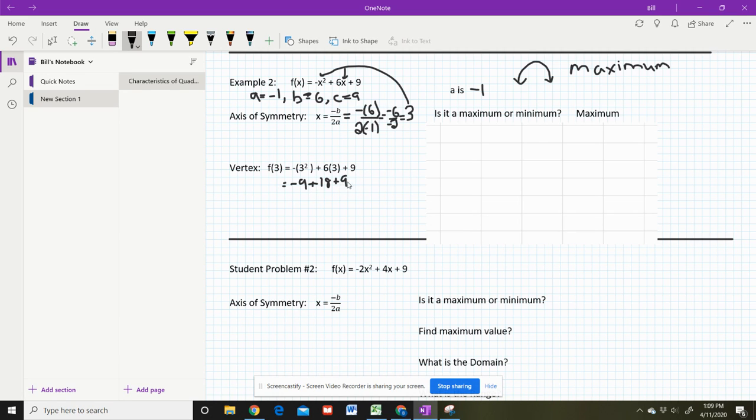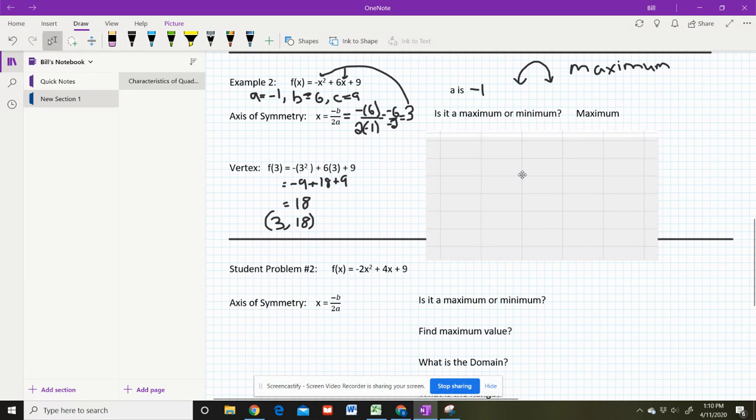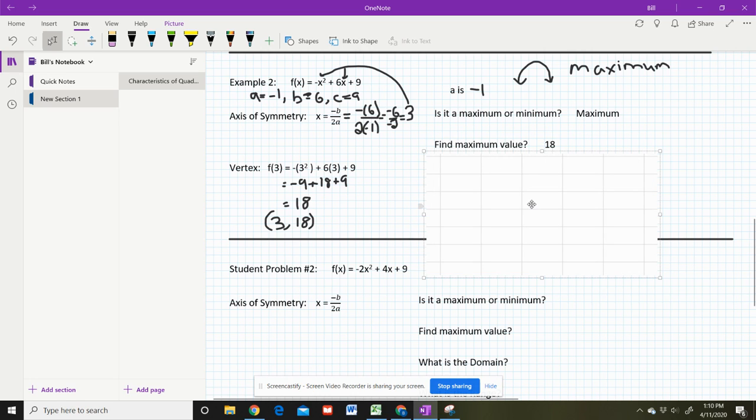So minus 9 plus 9, those cancel out. We're left with 18. So our vertex is going to be (3, 18). That's our turnaround point. That means if they ask us what our maximum is, we're going to put in 18.